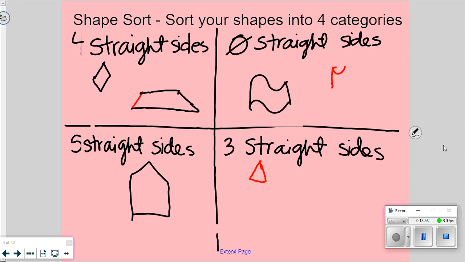I think we have another shape that went in 4 straight sides. Does anyone know what other shape goes in 4 straight sides? Carl, come draw it. I think we have some more in 0. Tegan, come draw the one that goes in 0 straight sides. Bring your shape with you so you don't forget.